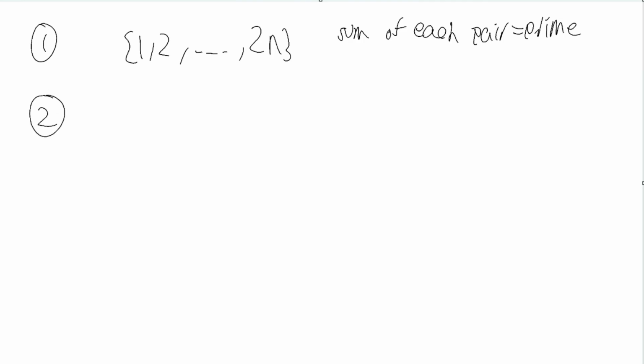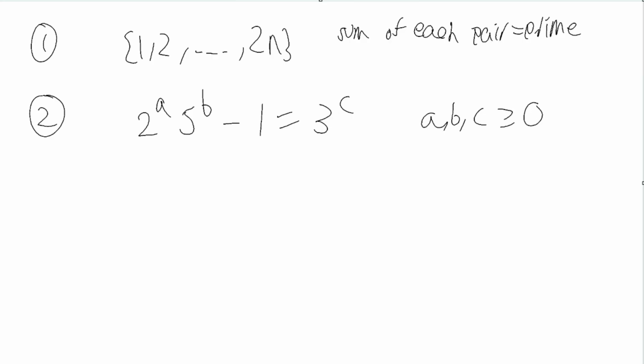And the second one is from the USAMTS, which asks you to find all solutions to 2 to the a times 5 to the b, minus 1 equals 3 to the c, where a, b, and c are non-negative integers. And both of these can be solved using sledgehammers, even though they're not construction problems. So be on the lookout for whenever these sledgehammers can be used.